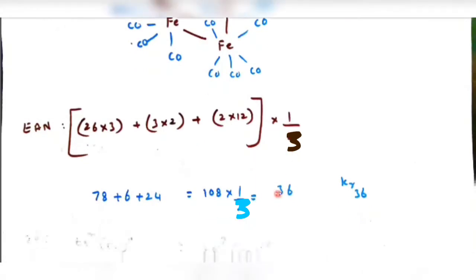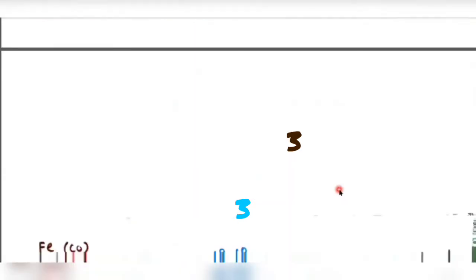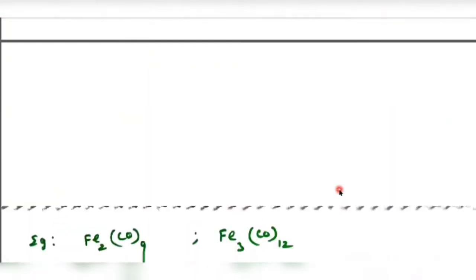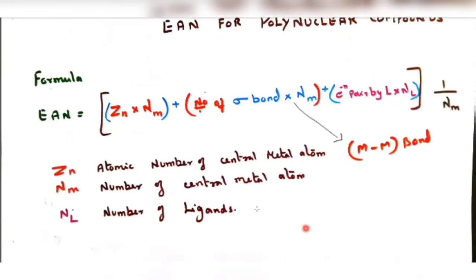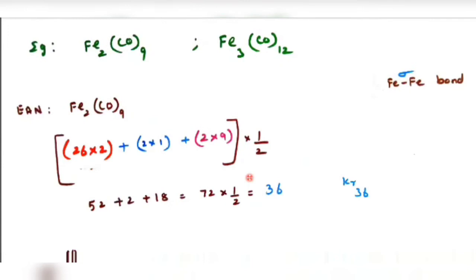You will get 36. So that is krypton 36. It is supposed to be written as 1 by 3 because the number of central metal atoms is Nm, and 3 is there, so we should write 3 here. So 1 by 3, 72 into 1 by 3 gives 36.